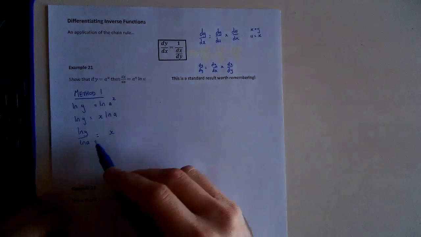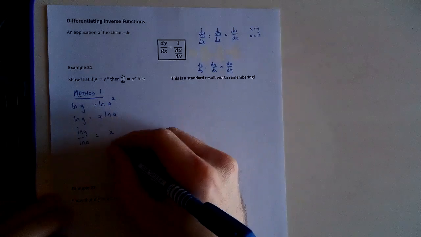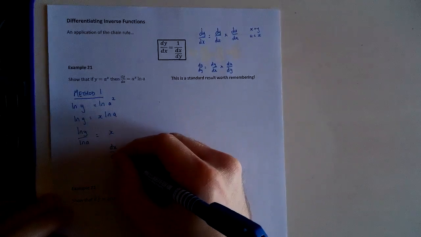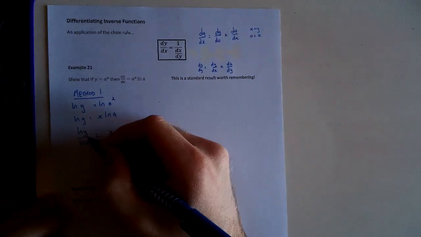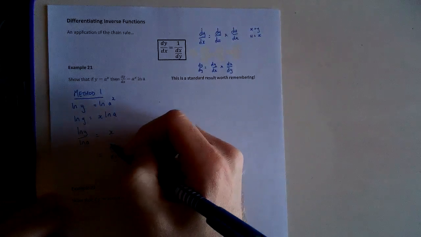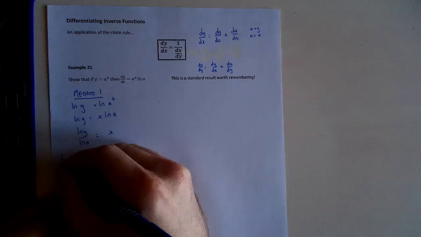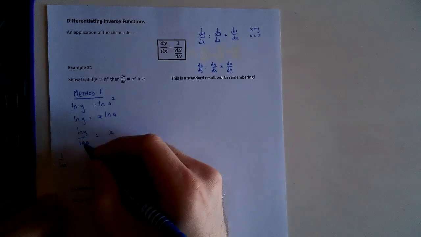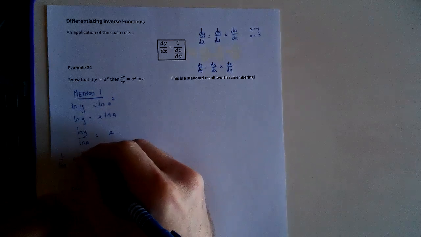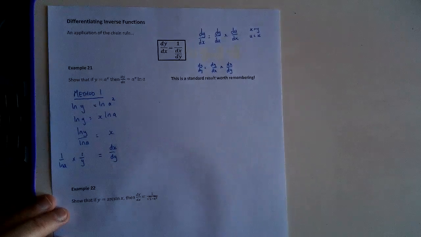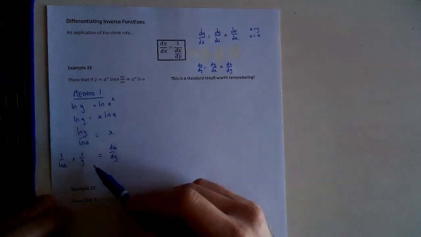I can differentiate both sides to get dx by dy. Well, this here just means ln y times 1 over ln a. So I'm going to put the 1 over ln a at the front. And I'm going to differentiate ln y, and that's going to give me 1 over y, remember? So dx by dy is that.